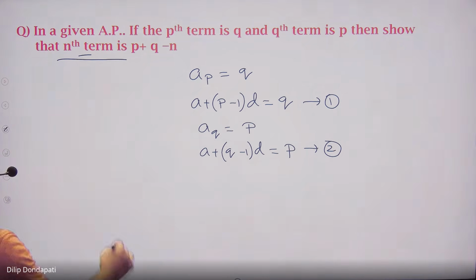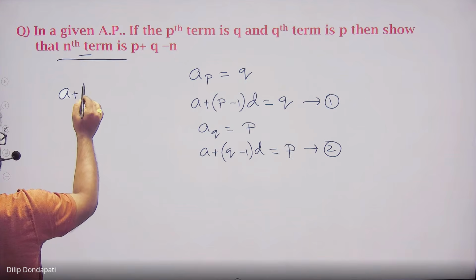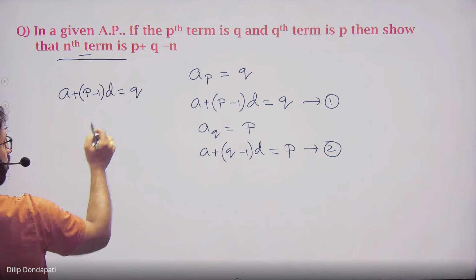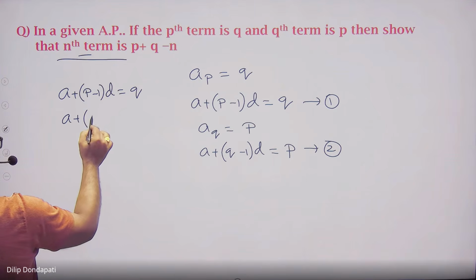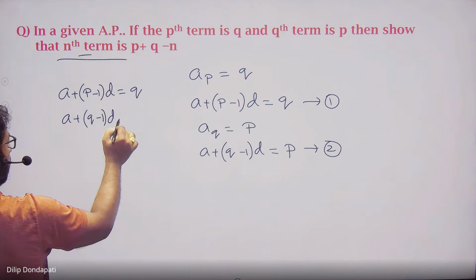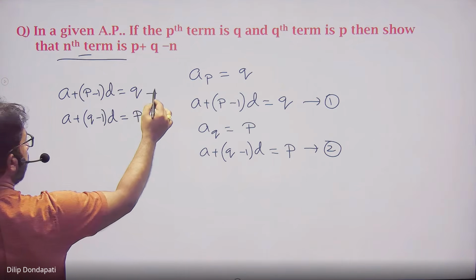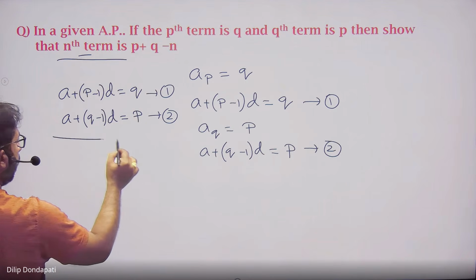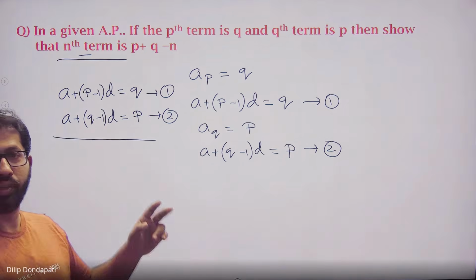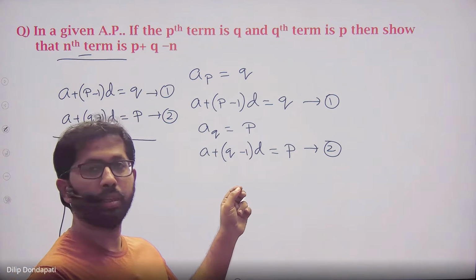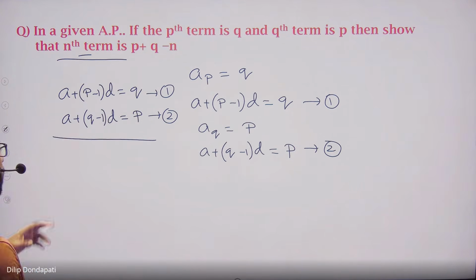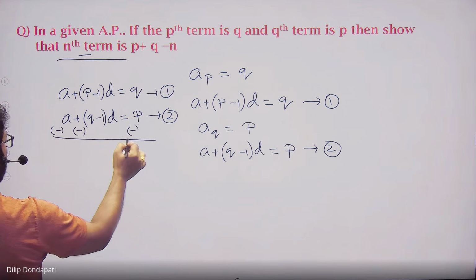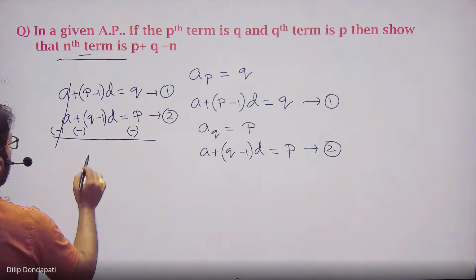I have these two equations: a plus p minus 1 into d is equal to q, and a plus q minus 1 into d is equal to p. First equation, second equation. Now I will subtract to get a and d. Always, when two equations are given, definitely subtract to get the a and d values. So minus, minus, minus, and a cancels. Again I take d common.